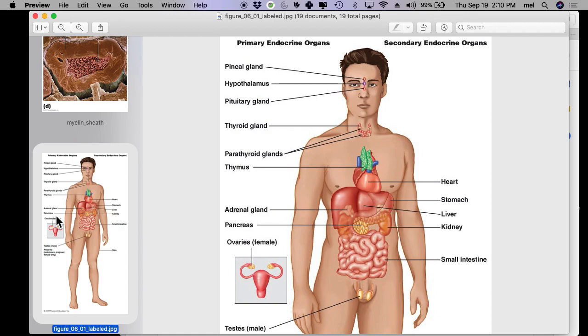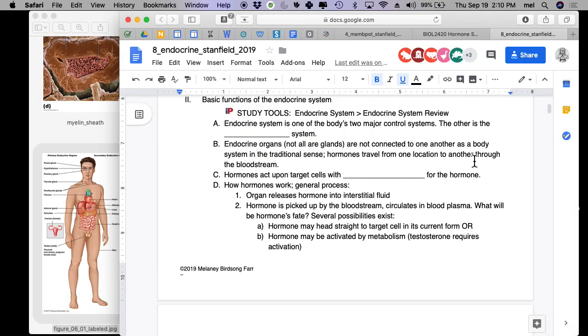They all have secretory capacity, but it doesn't mean the whole thing is a gland. Endocrine organs are generally really, really vascular. They dump something into the interstitial fluid in a really vascular tissue so it immediately gets picked up by the bloodstream, right? So they dump it and it gets picked up.